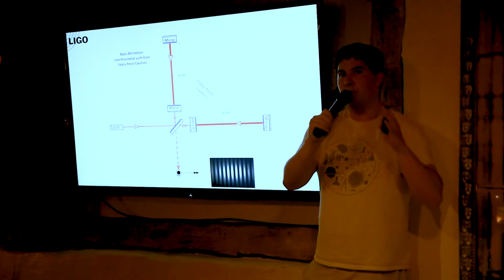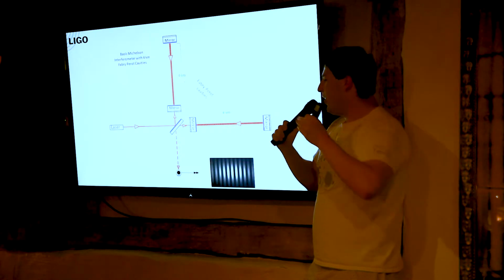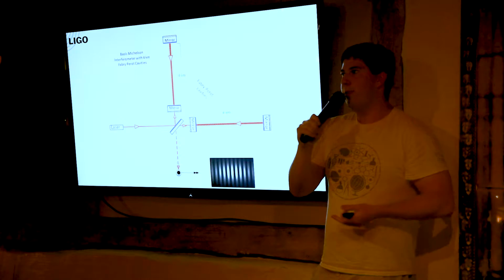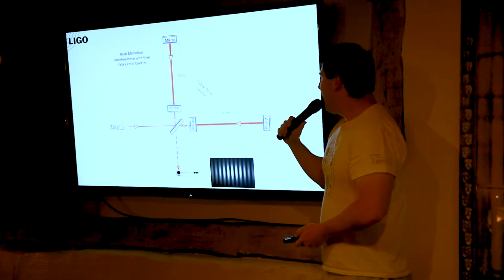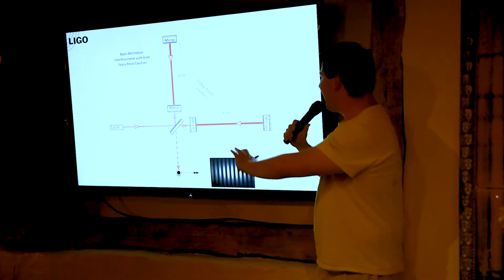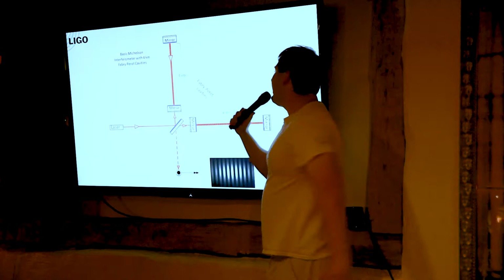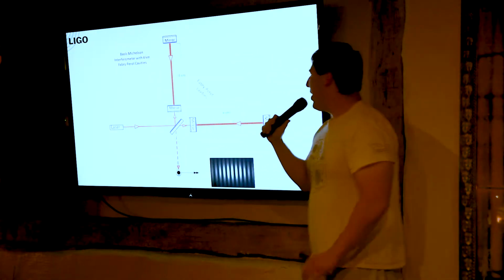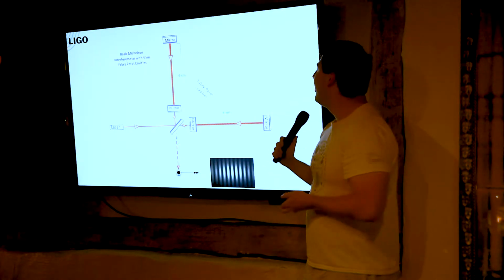And so we look for that, and we can say, well, this frequency matched what we would expect for a gravitational wave, therefore this is likely a real signal. So that's the basic idea of how this works. Of course, LIGO takes us 20 steps further, and there's a lot more mirrors and other stuff in these paths, but this is the general idea of how LIGO is trying to do what it's doing.